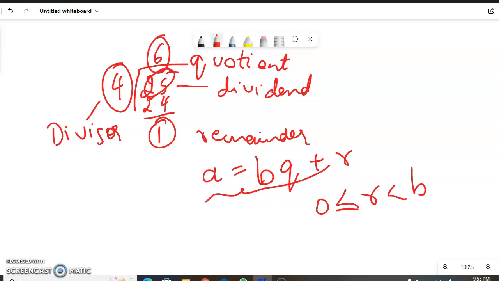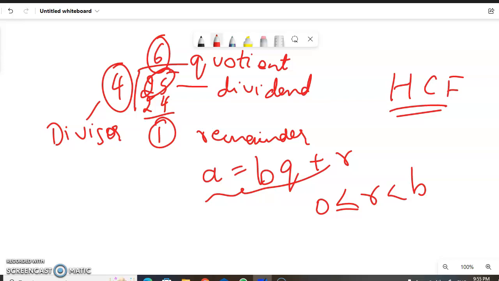It has many applications, like we will be able to find the HCF of any two given numbers by using Euclid's division lemma. Let us see how to get the HCF of two numbers. I hope you have understood what is Euclid's division lemma.